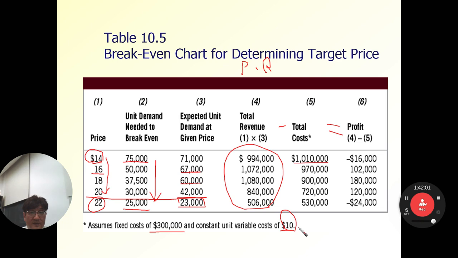If you set the price at $14, your break-even point, you can calculate this one. Fixed cost is 300 divided by the price of $14 minus variable cost 10. You need to divide this 300 by 4.